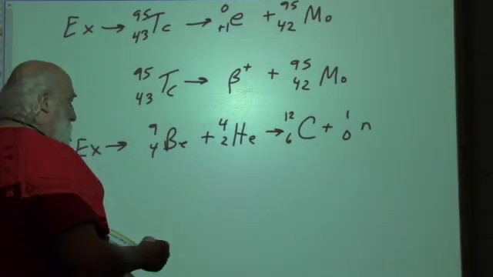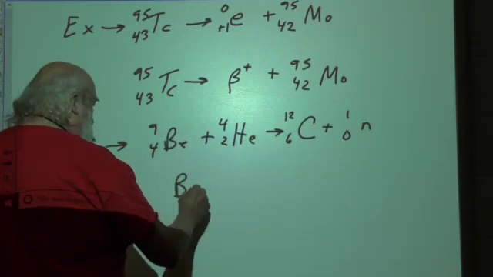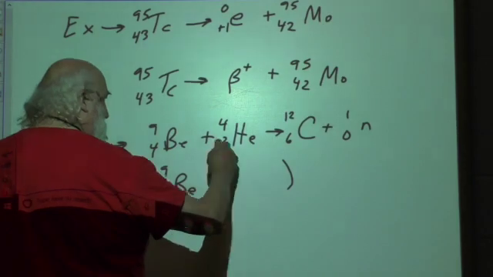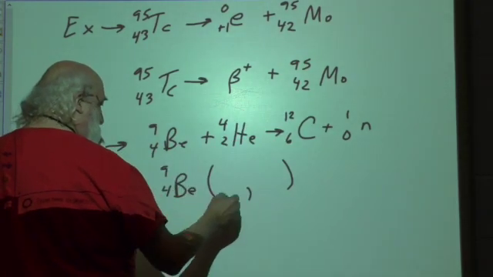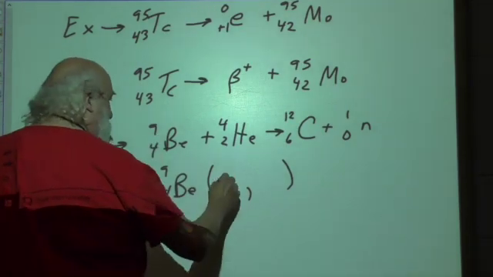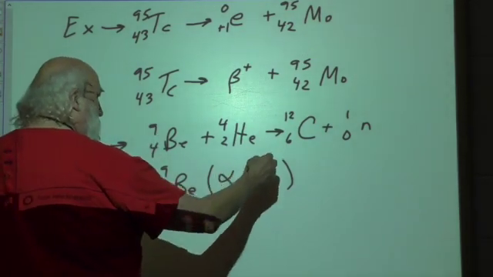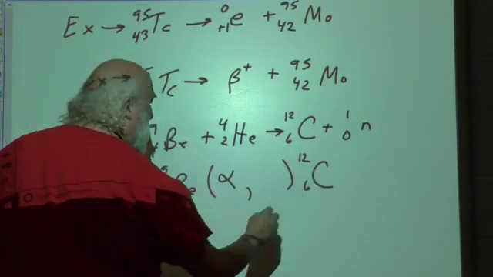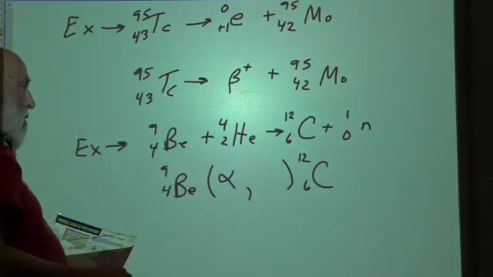Now, there's another way of showing this, and that is by using the beryllium-9,4, and then showing the changes going on before and after the bombardment. So we put 2 particles, and this is where we use the symbols. So we put the alpha particle here for the helium, and then we're going to put carbon-12,6 as the main element that's being produced from this bombardment.